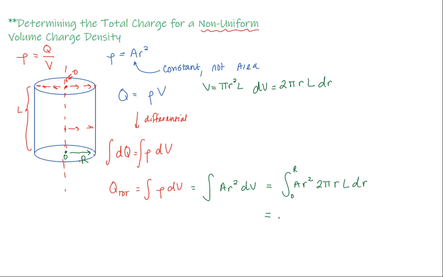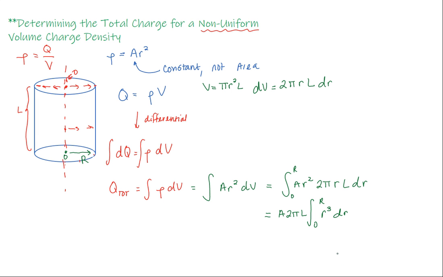I mentioned A is a constant, 2 pi is also a constant, and L. So A 2 pi L is all going to be pulled out front, and I'm going to integrate from 0 to R, and this will become r cubed, once I've simplified that down, dr.